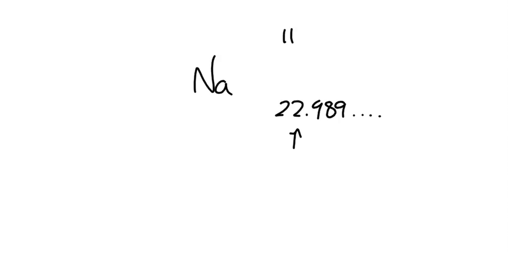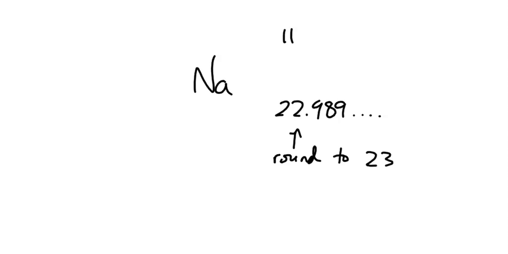So if we look at our periodic table and we see sodium, and in your periodic table we see an 11 and a 22.989. Okay? So, just round this off. We're going to round that off to 23.